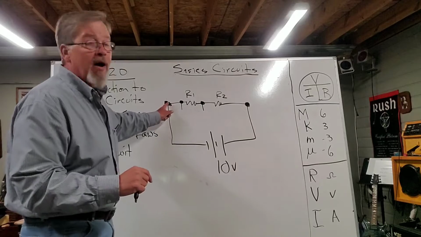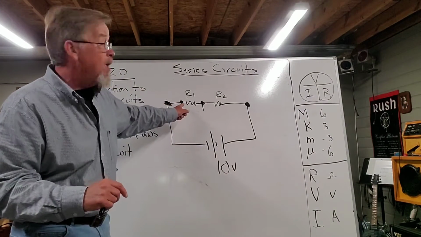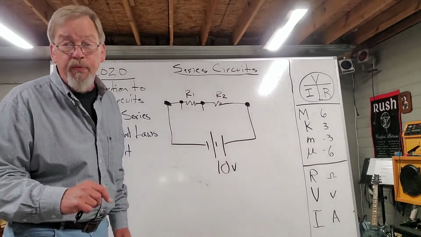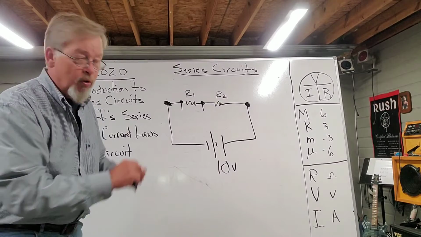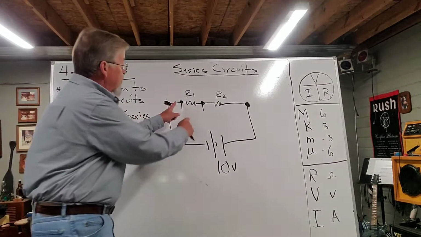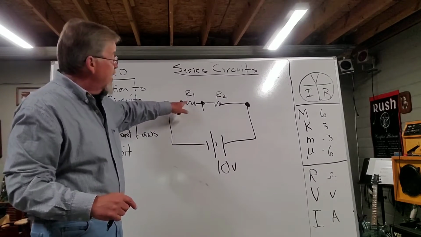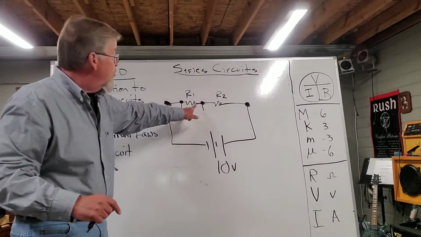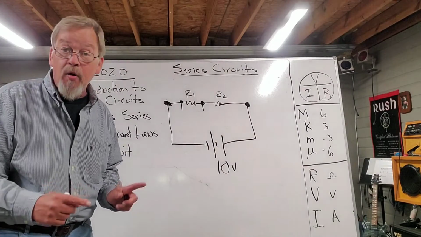So I can stick my meter probe here or I can stick my meter probe there because it's the same 2 points. Doesn't have any components between those 2 points. One solid line.